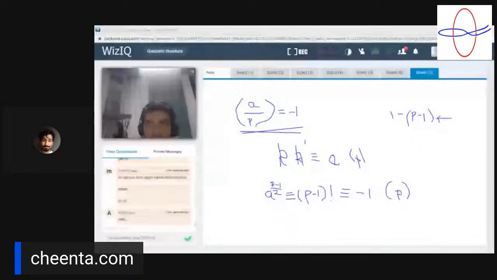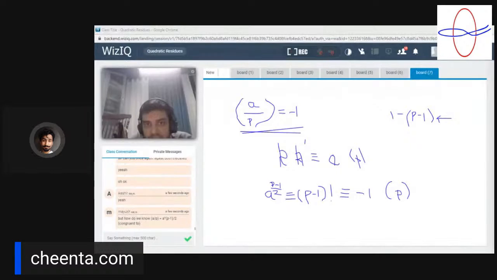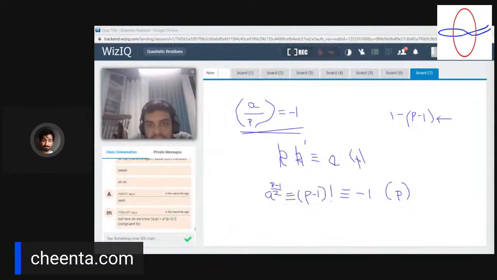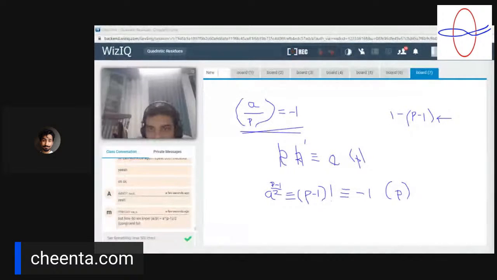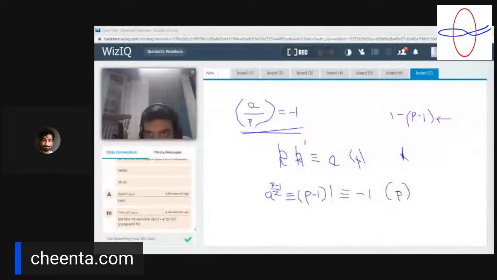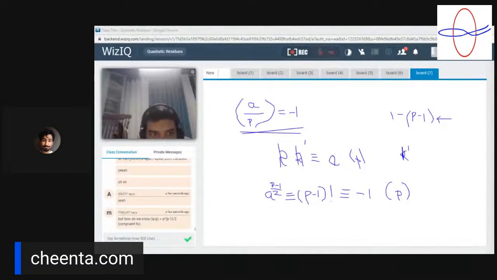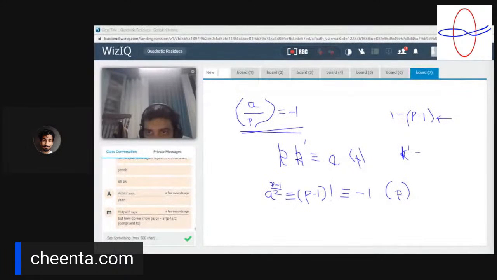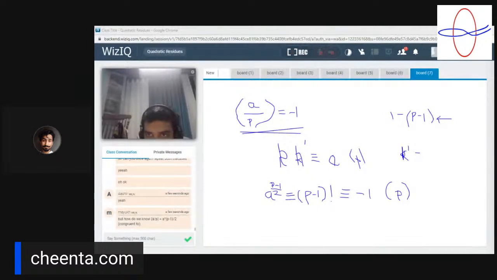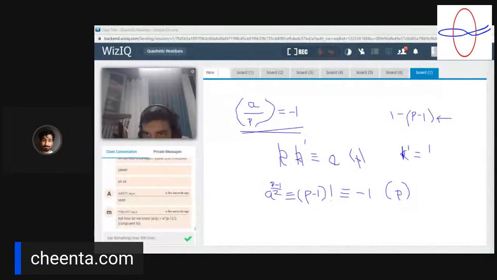Going to the next condition, where A is a non-residue, for any k between 1 and p, you'll have some value of k dash. K dash is equal to (1/k) times a, where 1/k here is the inverse of k mod p.